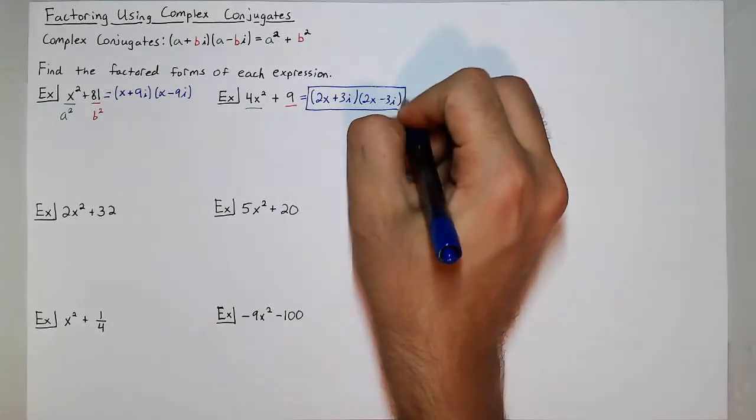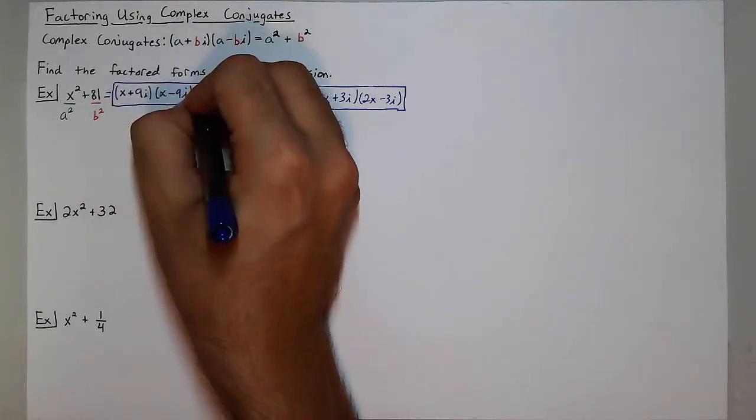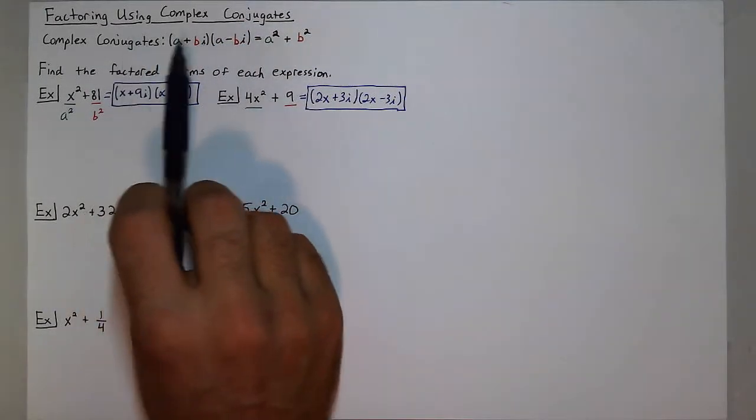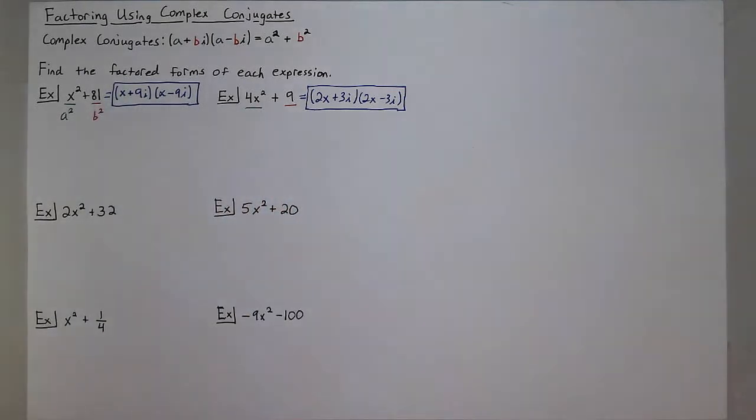We often like to refer to this as the sum of squares. So up to this point, it was not factorable, not with the factoring techniques we knew and the numbers that we knew. But now that we know that complex numbers can exist, we can use them to help us factor a sum of two squares.